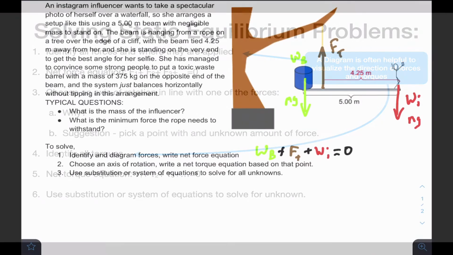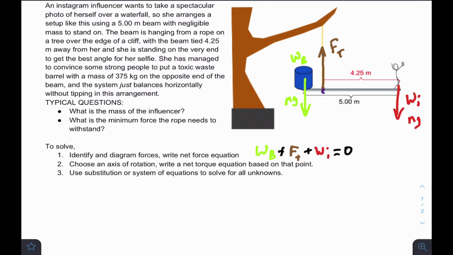So the natural point we would generally pick is right here, where the rope is connected to the beam, but it doesn't have to be. We could pick where the influencer is. Now, that's probably not where it's going to pivot, but it doesn't matter. Mathematically, it can work. We could also pick where the barrel is, but I would avoid picking where the barrel is because that is the one spot that we actually know the mass of something.